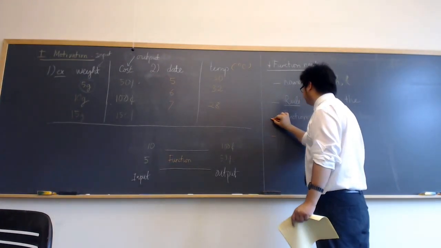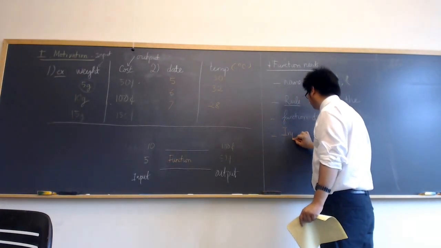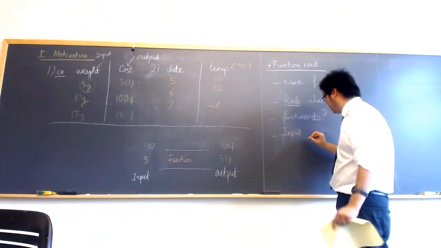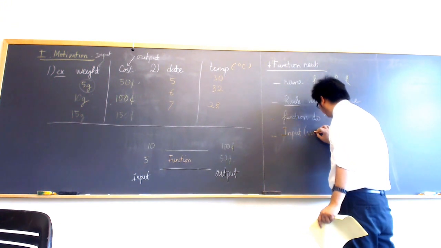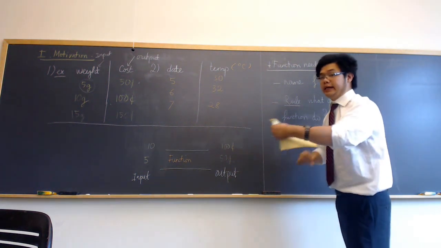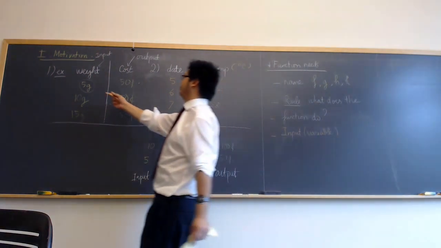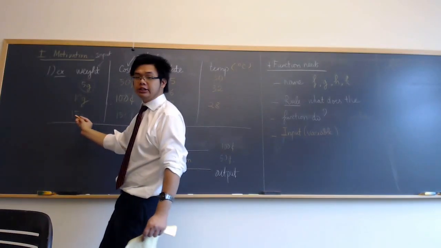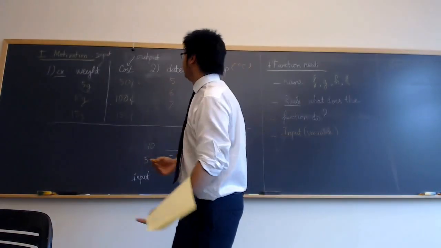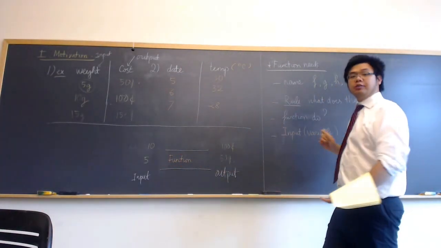The input name, in mathematical terms, is called a variable, because it varies, it changes. We have 5 gram, 10 gram, 15 gram, maybe 20 gram, it's changing. That's why you have the word variable.